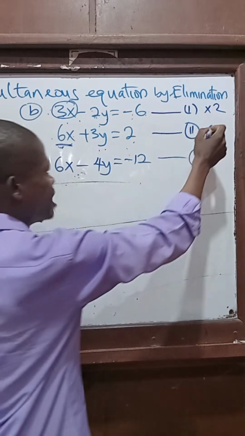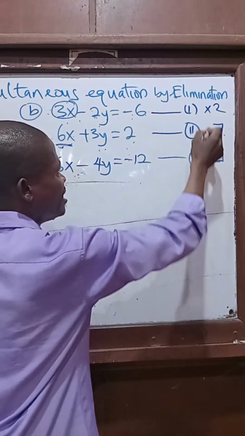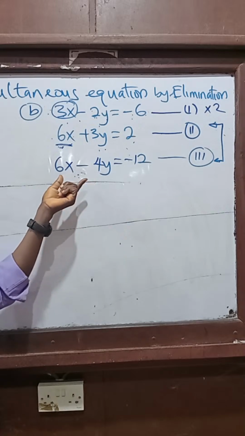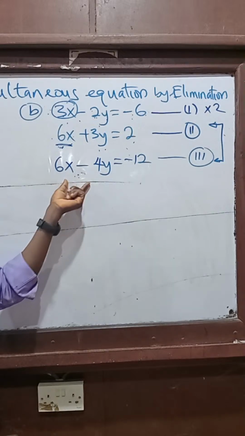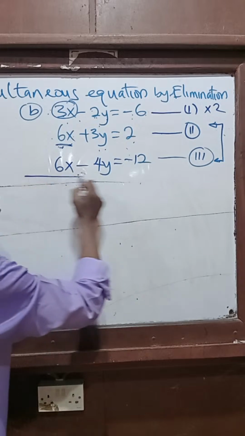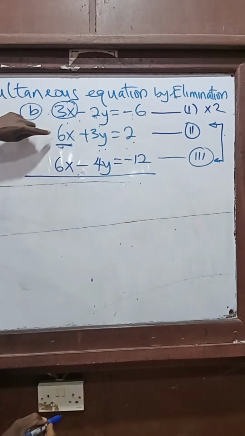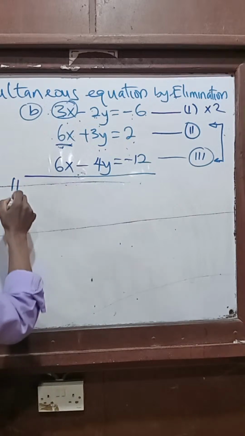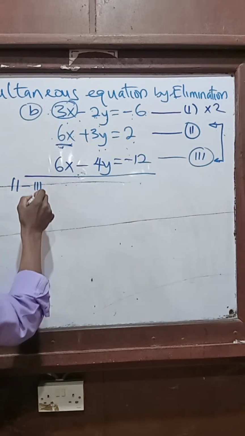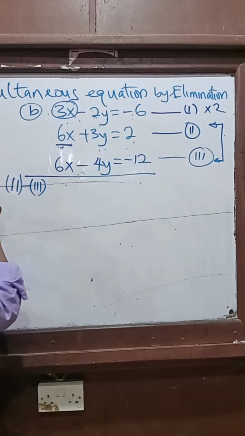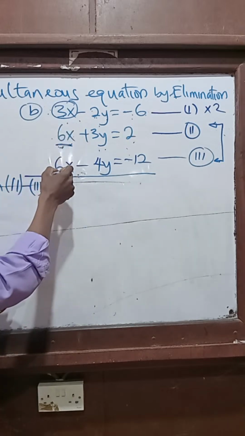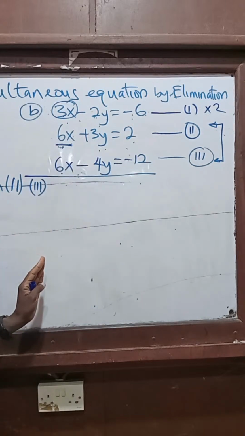Then the next thing to do is to combine equation 2 and 3 together. It's very simple. This is 6x, this is 6x, so I can say equation 2 minus equation 3. 6x minus 6x cancels.